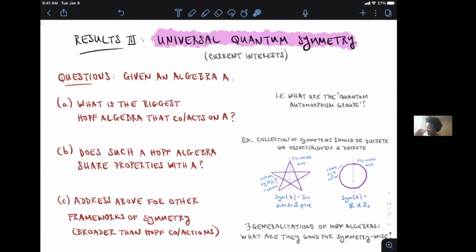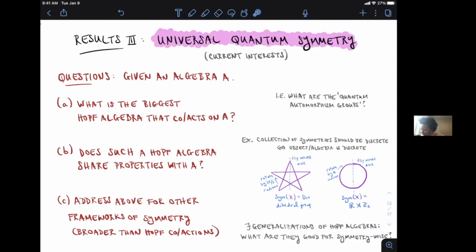Thank you. So, is there a biggest Hopf algebra? Is there a quantum automorphism group? If I'm given an algebra, what is the biggest Hopf algebra that acts or coacts on A? That's a very natural question. Another natural question is, for such a Hopf algebra, I said that the more sophisticated the algebra object, the more sophisticated the framework you need.